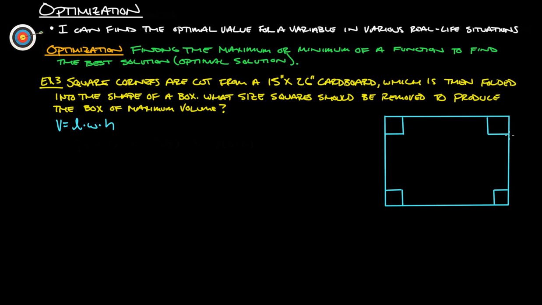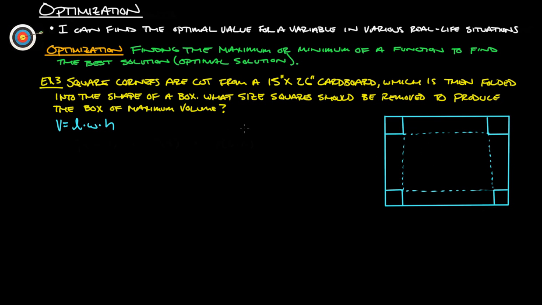So if those were the corners that we cut out, then we would fold it up right along these dotted lines here, and we would end up making ourselves a nice box.